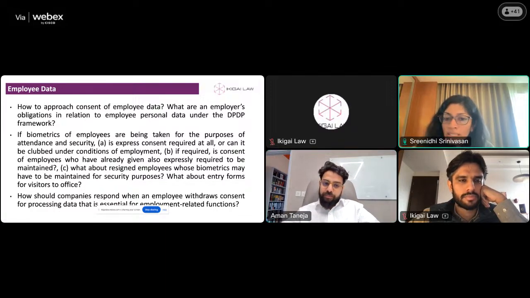I don't think a regulator could say, under India's law, that that would be a fair reading, because that would mean that all data processing has to be justified somehow under employment purpose.